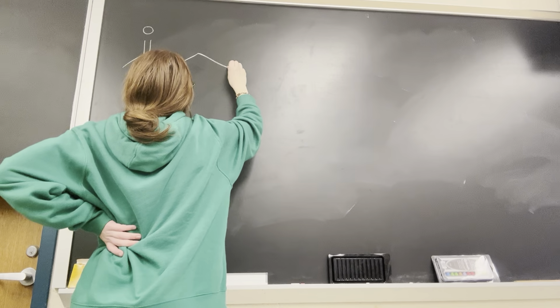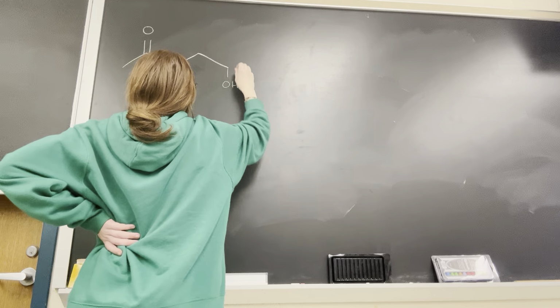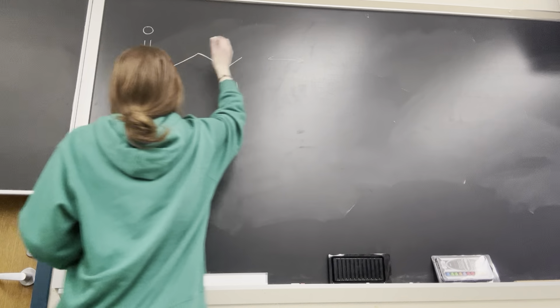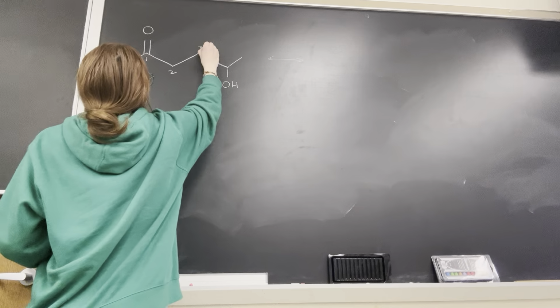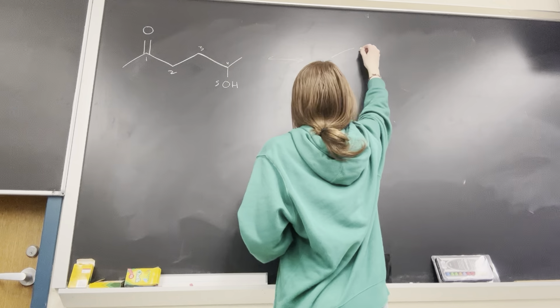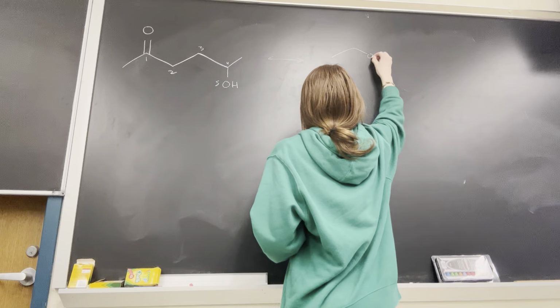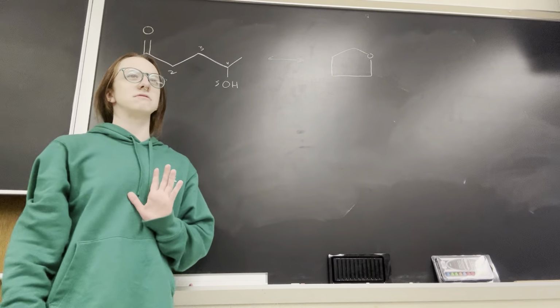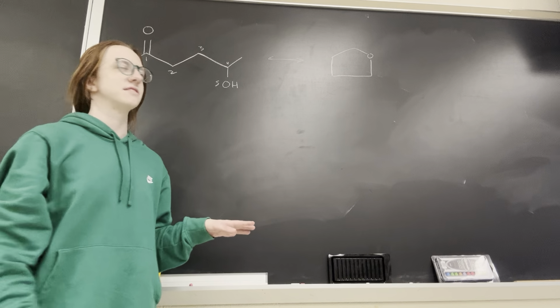So, just to review, we'll make a cyclic hemiacetal. 2, 3, 4, 5. Do you guys see why I put the circle in the particular place now?